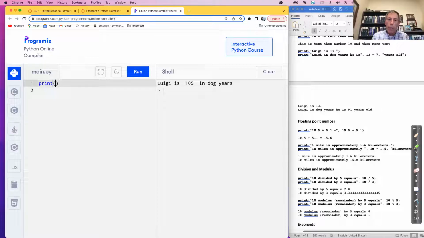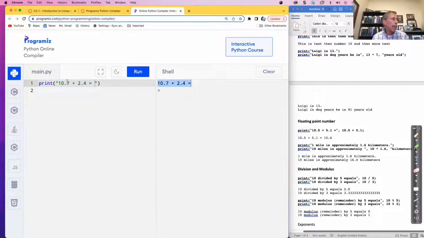Now, I can also do things with real numbers, floating point numbers. Okay, so let's say I did 10.7 plus 2.4 equals. Now that, of course, isn't going to just write out the text.